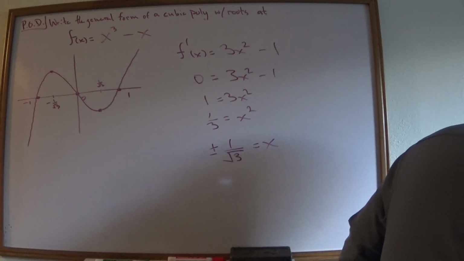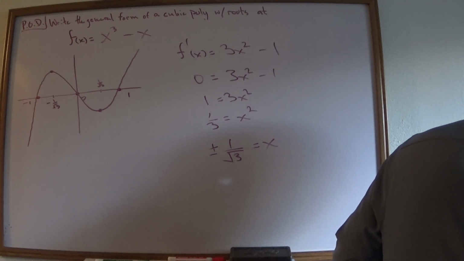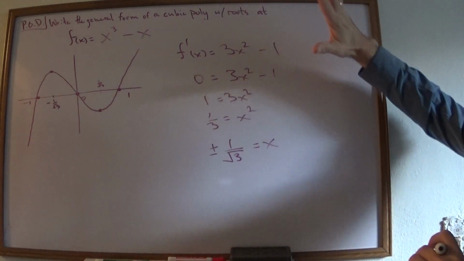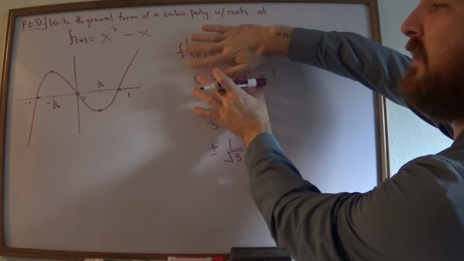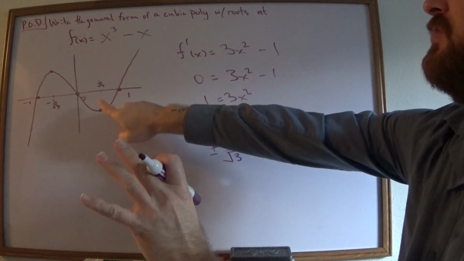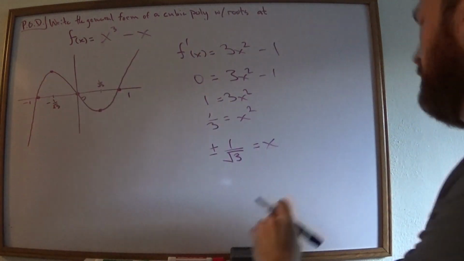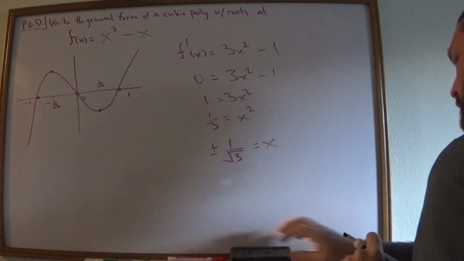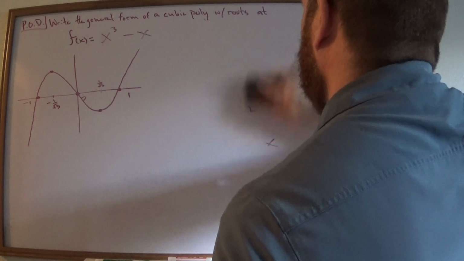Okay, so here's the question. Without looking at f prime, let's say we don't know what f prime is, but somehow magically, maybe you were just told that this happens, okay? Without looking at that, so pretend that we don't know what f prime is.